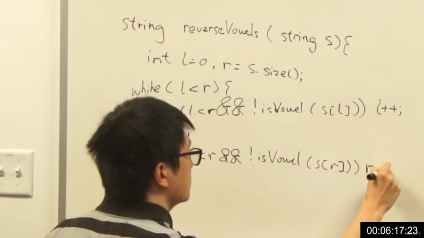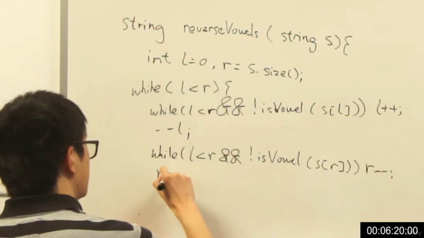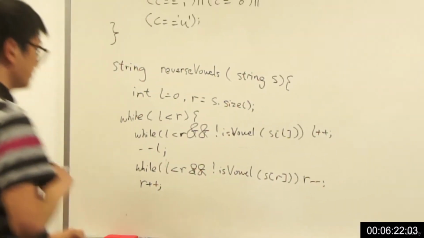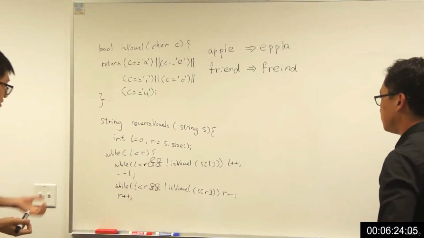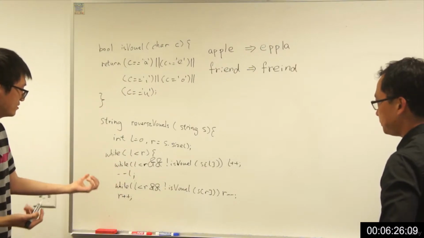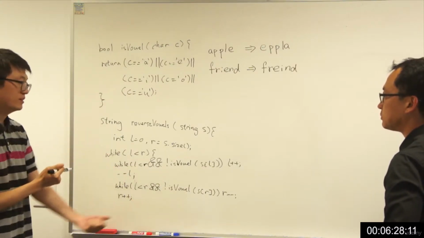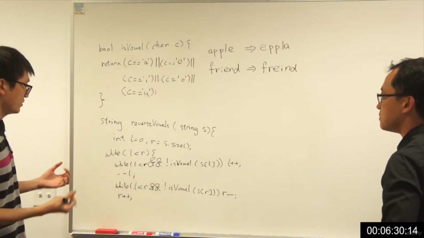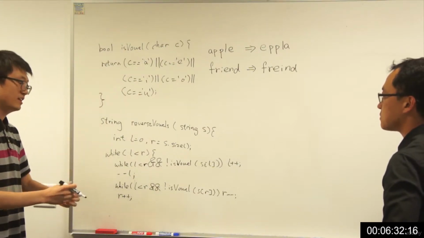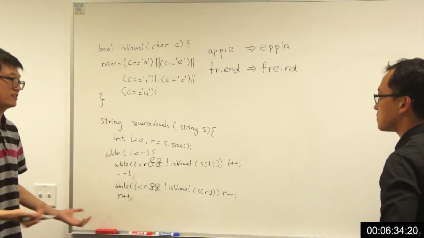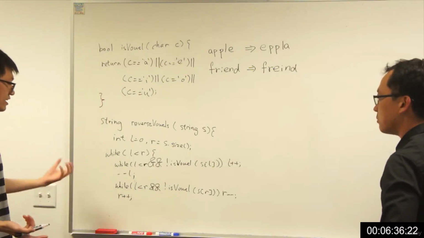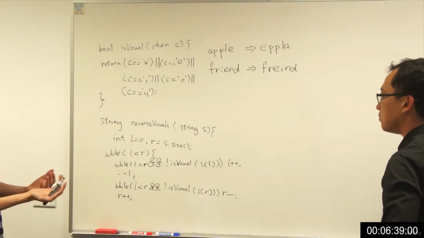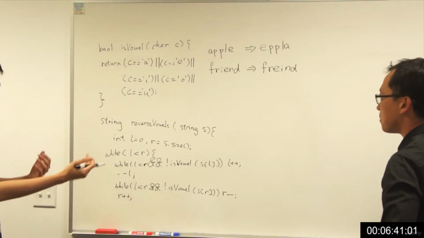Right minus minus. And there are several cases. The first case is both of them find a vowel, and now I swap them. The second case is both of them meet at the same vowel. Then I can either swap them or do nothing, so it shouldn't cause an issue. And the third case is the entire left string doesn't have any vowel here, so they just go past each other.